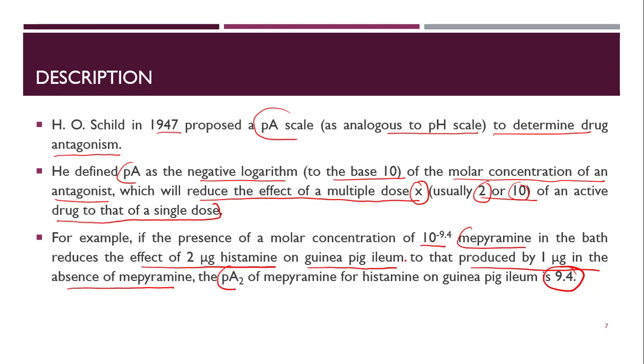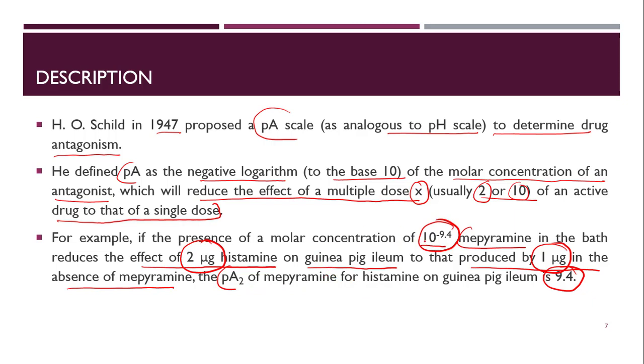What it means is that mepyramine here is an antagonist and histamine is an agonist. If this concentration of mepyramine is able to reduce the effect of 2 micrograms of histamine to the response produced by 1 microgram of histamine, then we can say that the pA2 of mepyramine is 9.4.